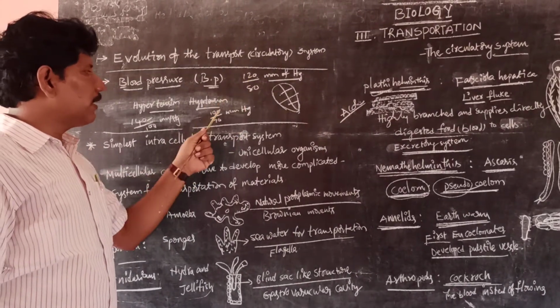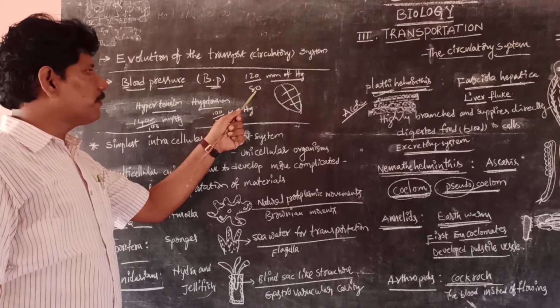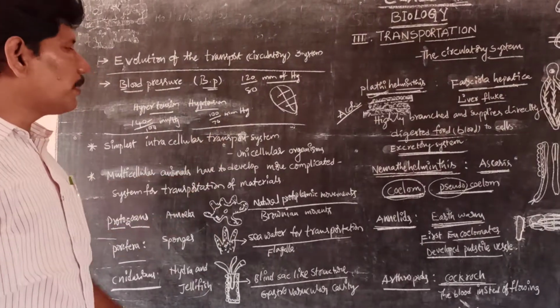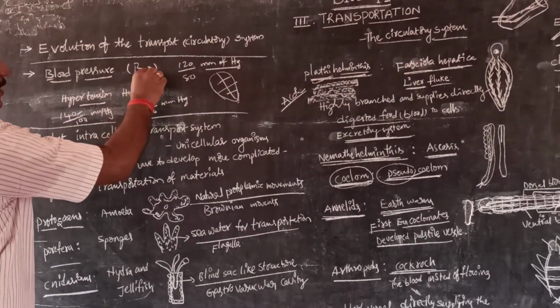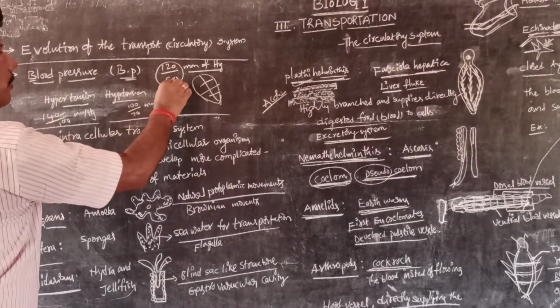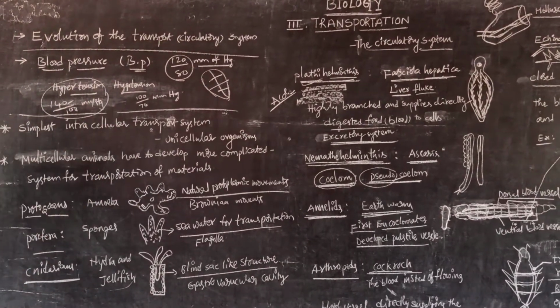Instead of 120, the systolic pressure is 100, and the diastolic pressure, out of 80, may be 70. This is called low BP. Certainly every person has a blood pressure, and the normal is 120 by 80. If it exceeds, based on the situation or activity, it leads to these conditions.